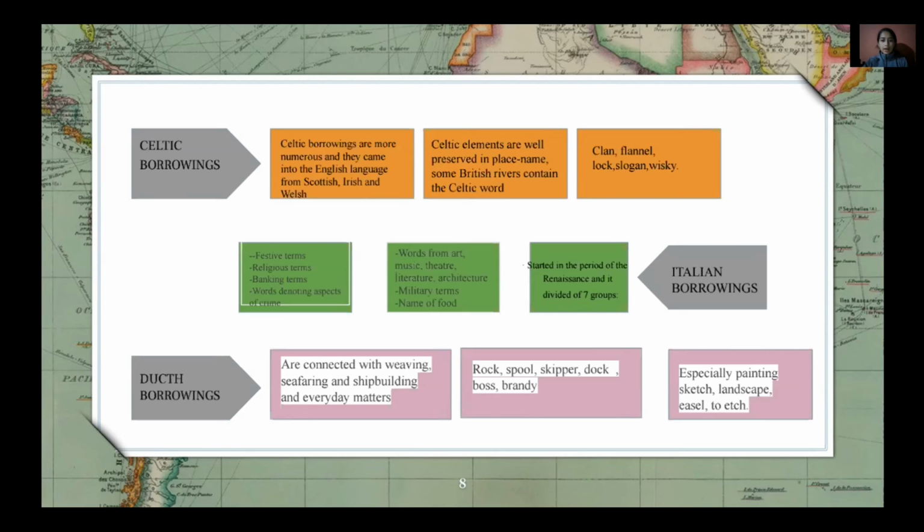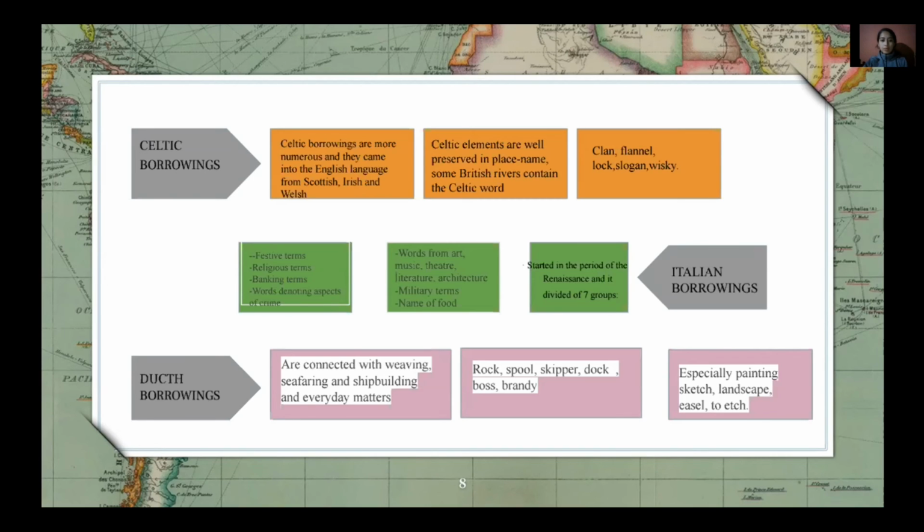Names of food like spaghetti, macaroni, and pizza. Festive terms like confetti, custom, and carnival. Religious terms like cardinal and Madonna. Words denoting crime like vendetta, contraband, bandit. And finally, banking terms like cash, debit, credit, and deposit.